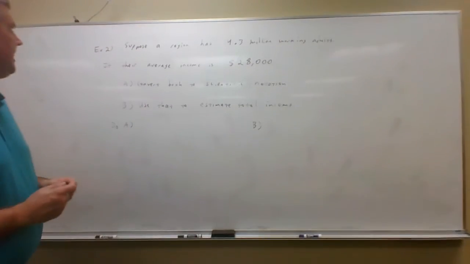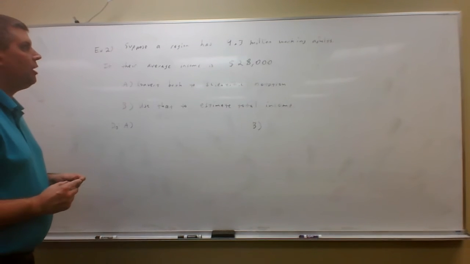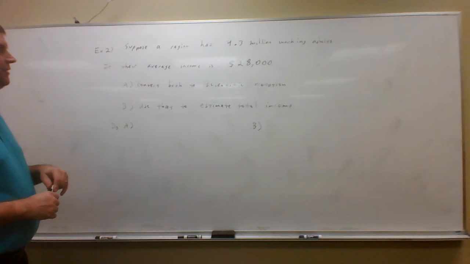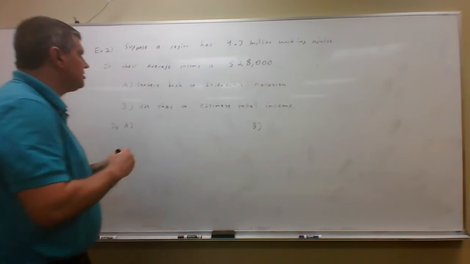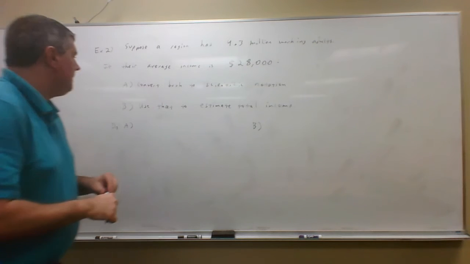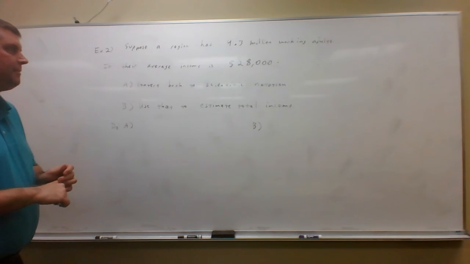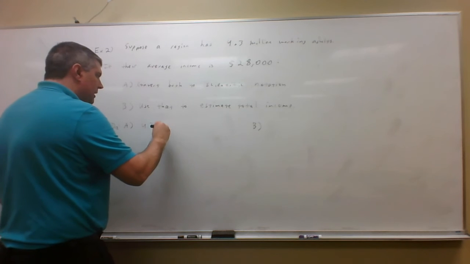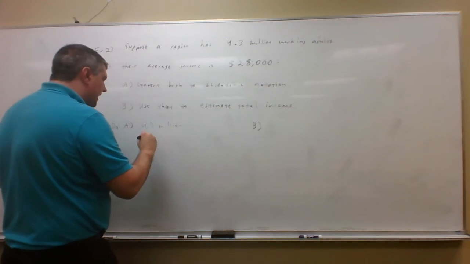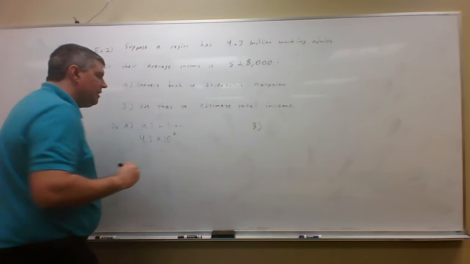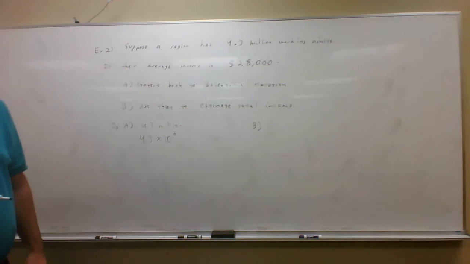This next example is similar. Suppose a region has 4.3 million working adults. If their average income is $28,000, A, convert both to scientific notation, B, use that to estimate total income. So, 4.3 million is actually very easy. 4.3 times 10 to the 6th, because a million is 10 to the 6th.